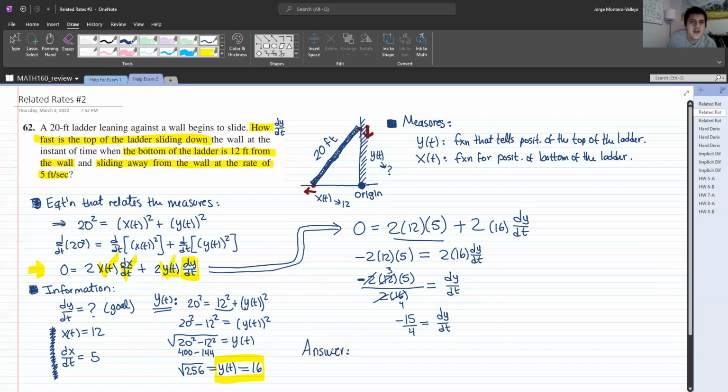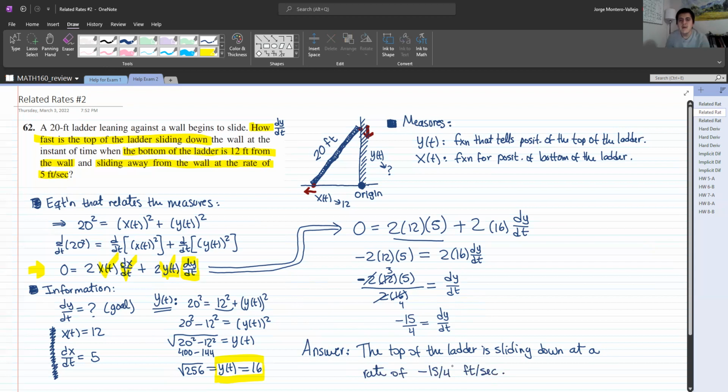is, well, they were asking how fast is the top of the ladder sliding down. The top of the ladder is sliding down at a rate of minus 15 divided by 4 feet per second.